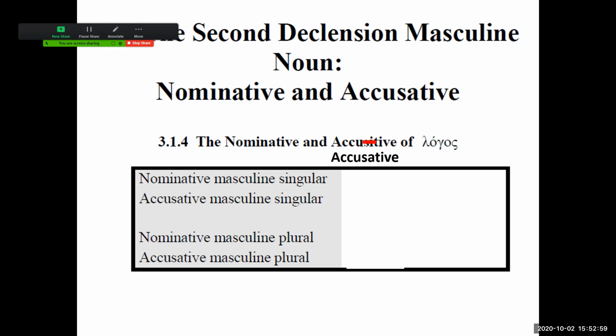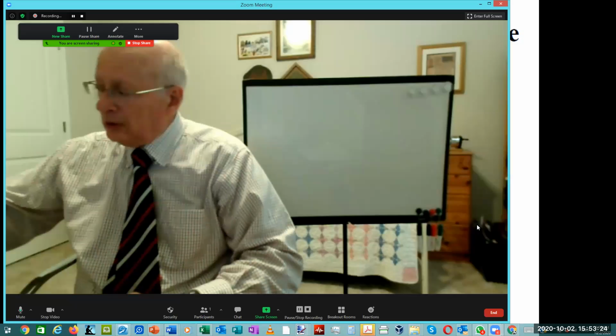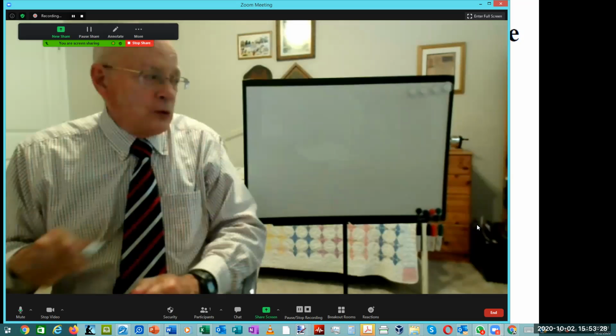Not only does the verb inflect in the Greek language, but also the noun inflects. The noun inflects to show the use, the function, we say, that it has in the Greek New Testament. So, for example, akouei.